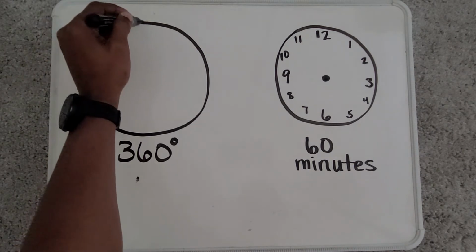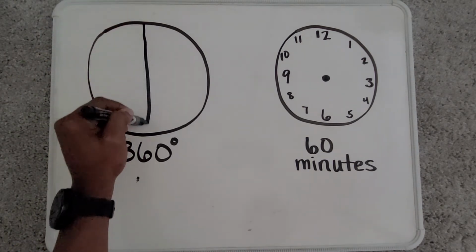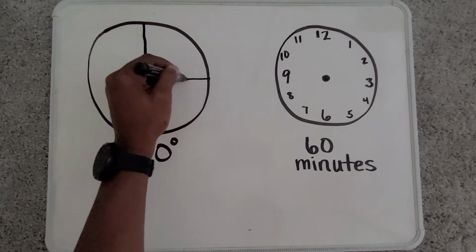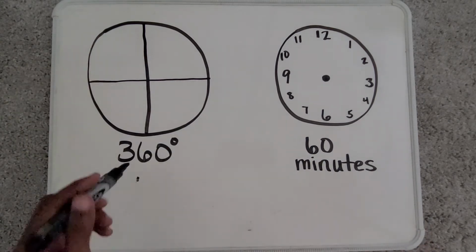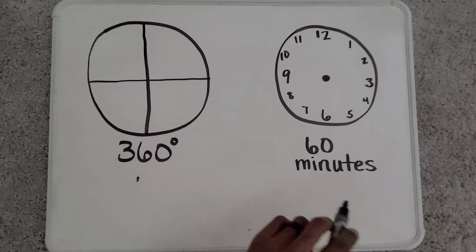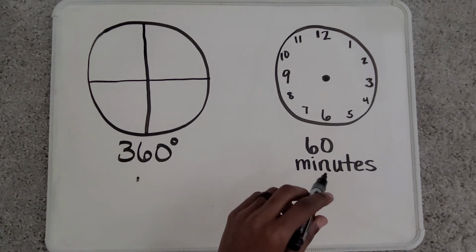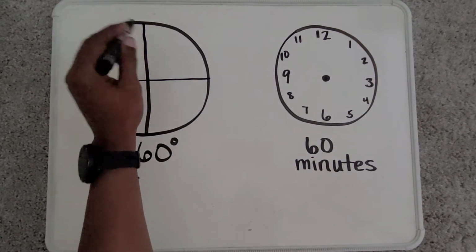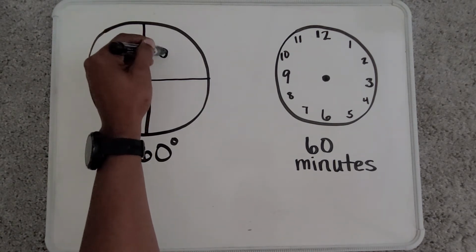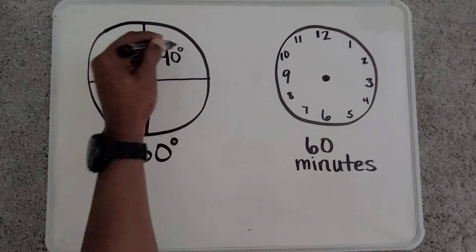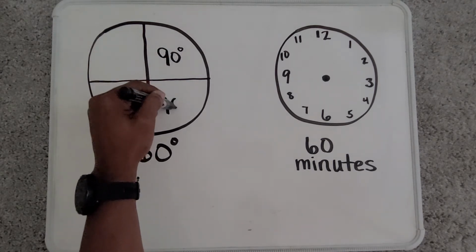If I take that circle and I divide it into fourths, that means I'm taking 360 degrees and dividing it into 4. Well, if I divide 360 degrees into 4, I know that each fourth would be 90 degrees.